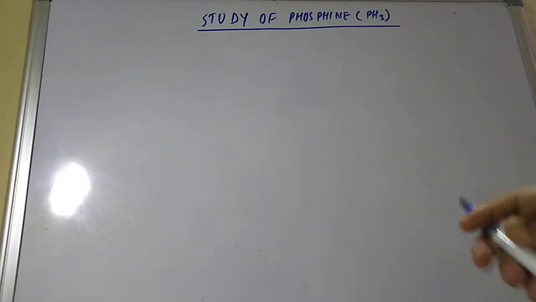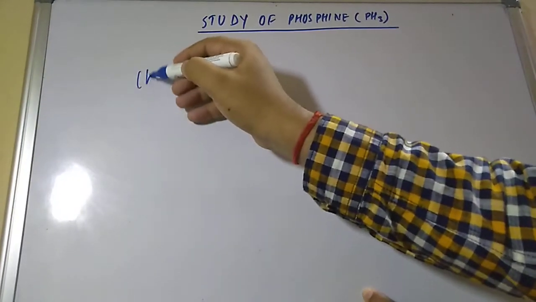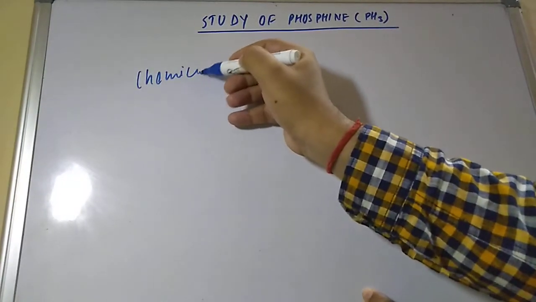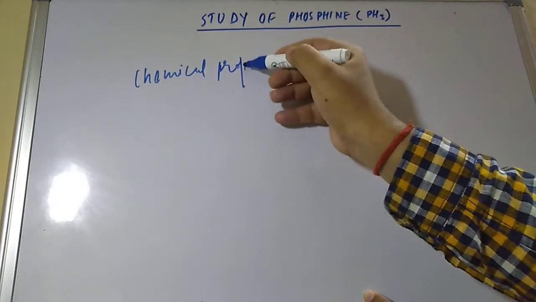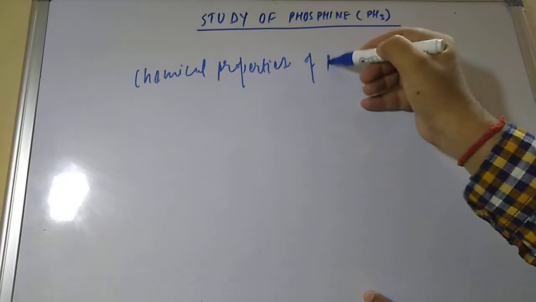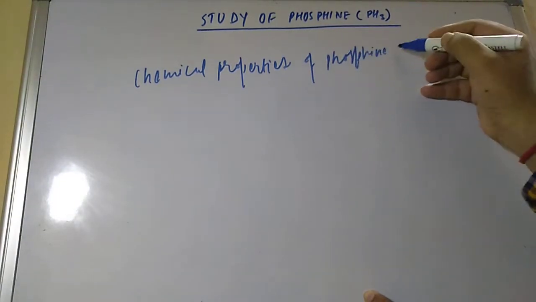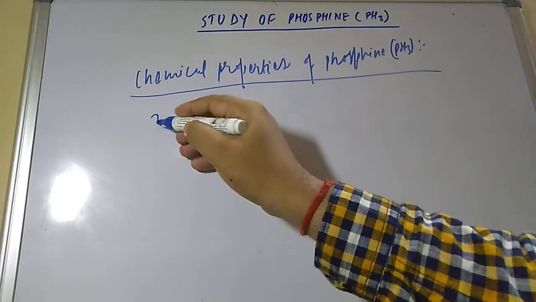Now let us see what the chemical properties of phosphine are. Chemical properties of phosphine, PH3.